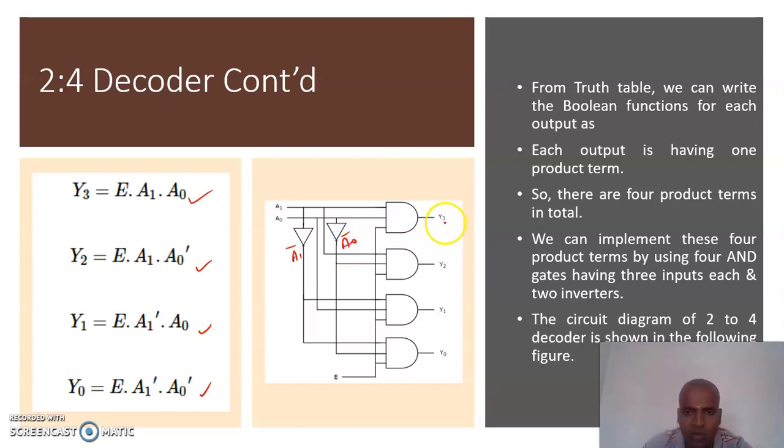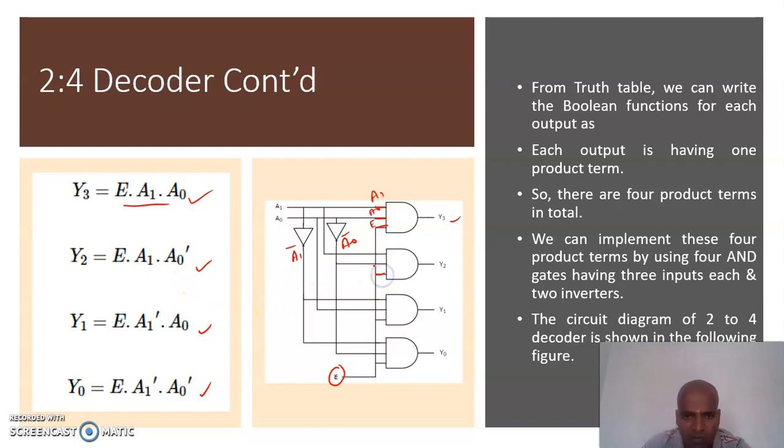So first here they have taken Y3. So see, Y3 expression is E into A1 A0. So here it is E. So we have taken the E line and the A1. So here it is A1 line and this is A0 line. So A1, A0 and this is E. Okay. Similarly Y2, this is E into A1 into A0 bar.